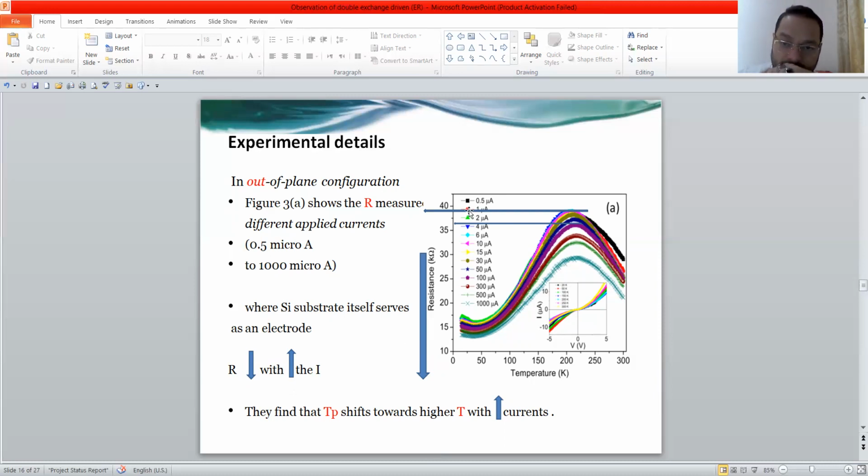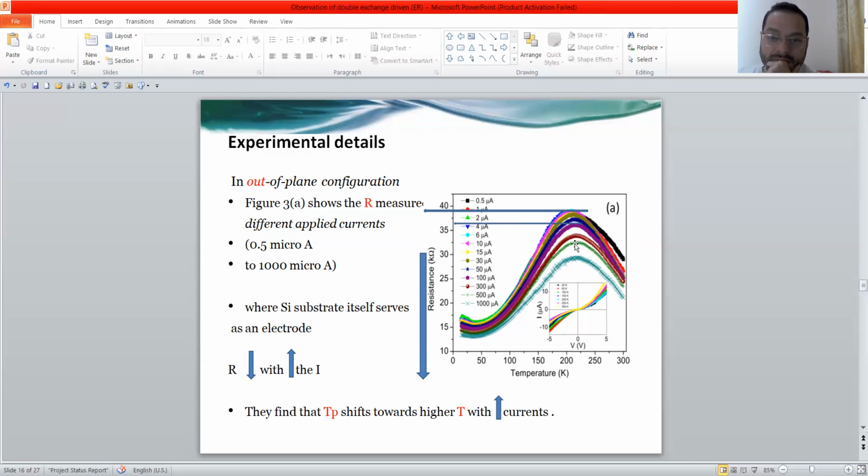For example, the clearer one, in my opinion, is the below one. When we applied 4 microampere, the resistance will approximately equal 337 kilo ohm.